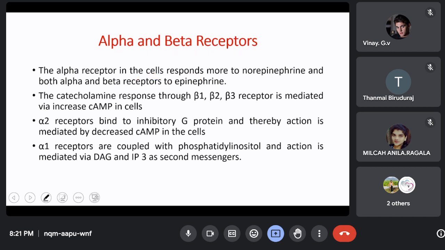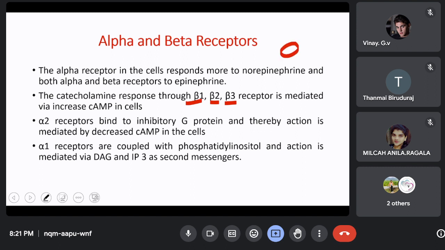So epinephrine is non-specific with respect to these two, whereas norepinephrine is specific to the alpha receptor. And these beta receptors are of three types: beta 1, beta 2, and beta 3.